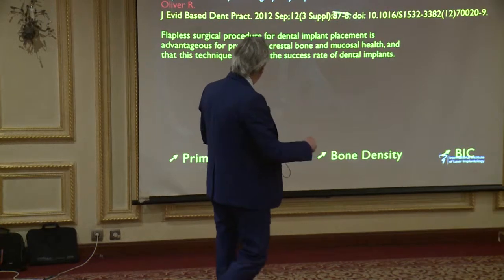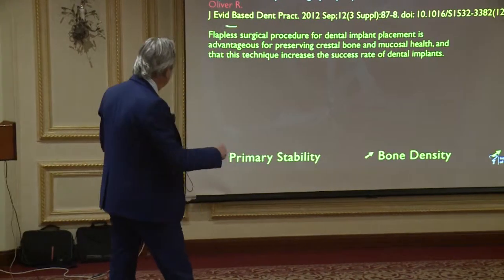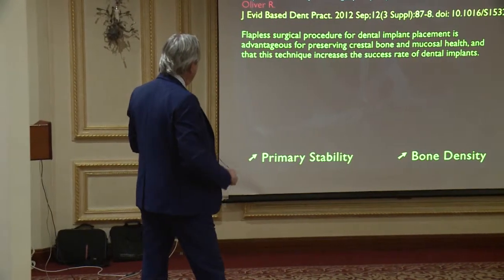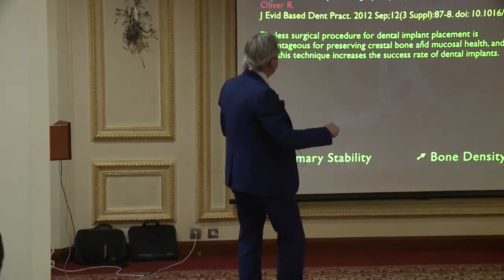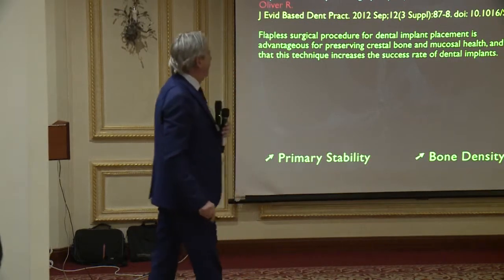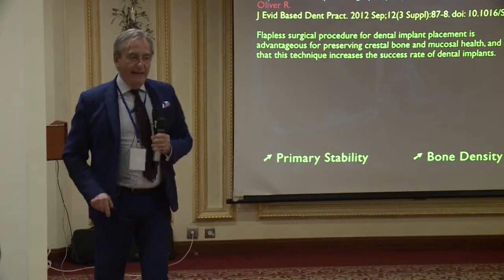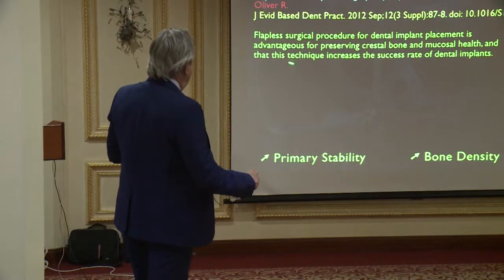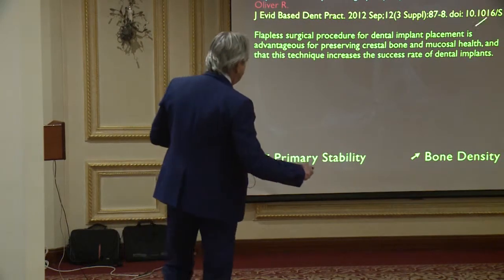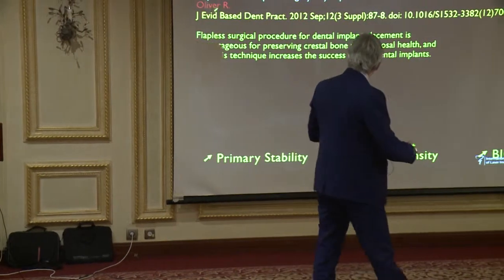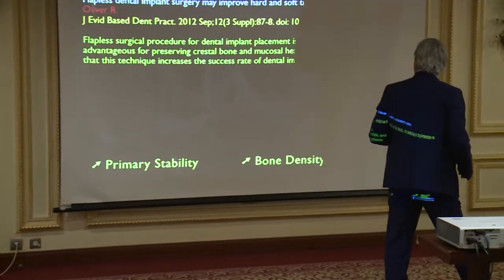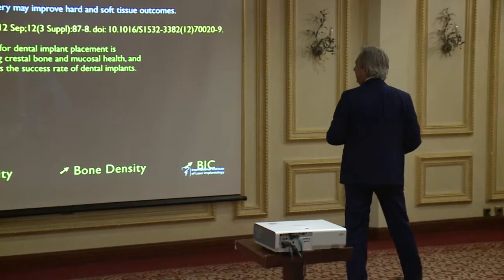Just one conclusion of one of those publications: flapless surgery procedure for dental implant is advantageous for preserving this crestal bone and mucosa health, and the technique increased the success rate of dental implants. It was published in the Journal of Evidence-Based Dentistry in 2012.